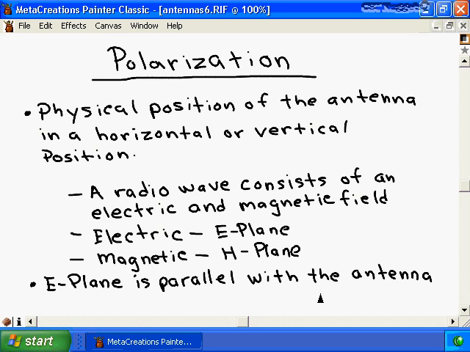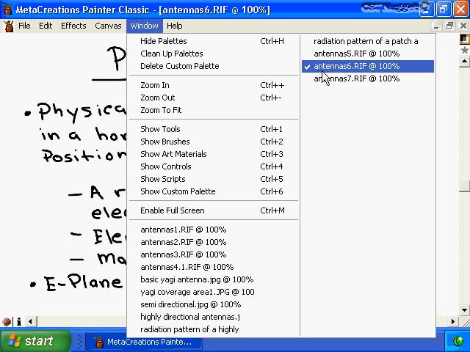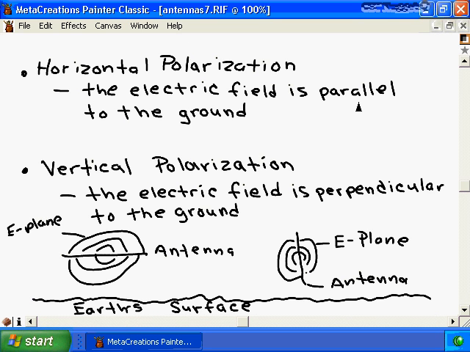So let's bring up another whiteboard and see how these two aspects come together and see why polarization is important to antennas. Now, a horizontal polarization simply means that the electrical field is parallel to the ground. In contrast, vertical polarization means that the electrical field is perpendicular to the ground.